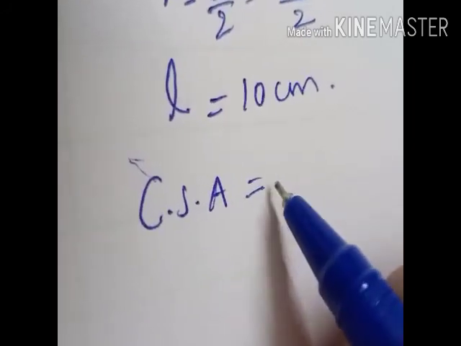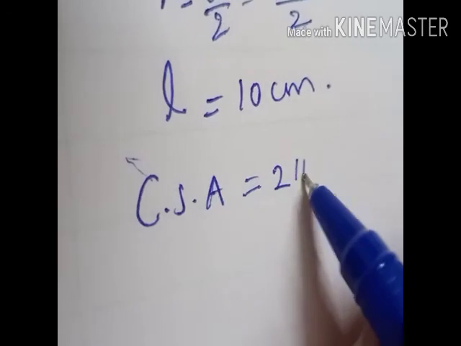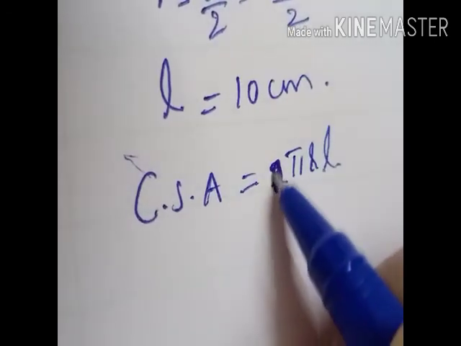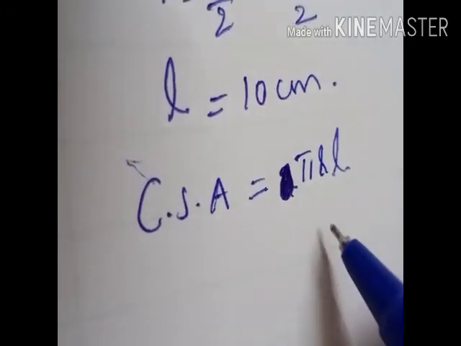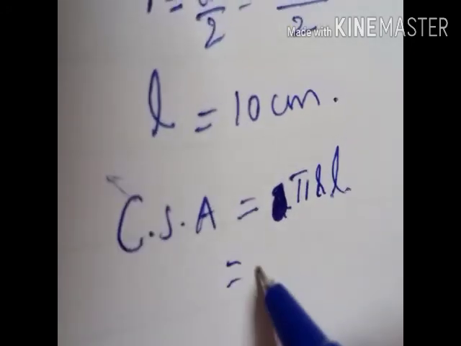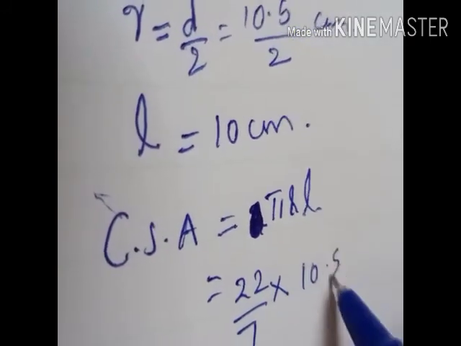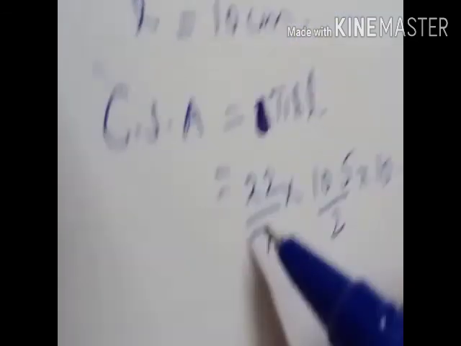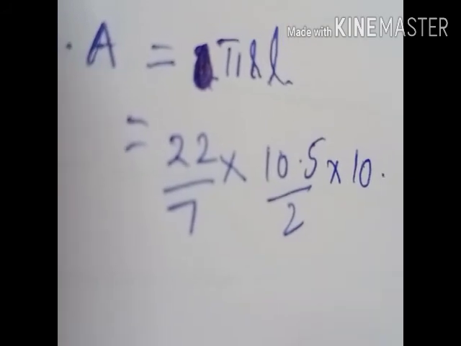So what is the equation for CSA? It is equal to pi RL. CSA of cone is equal to pi RL. That is equal to 22 by 7 into 10.5 by 2 into 10.